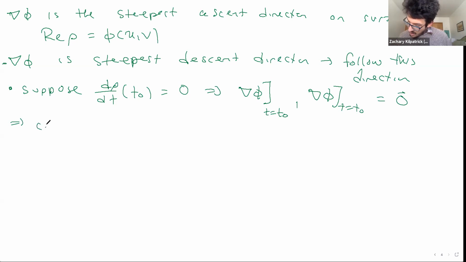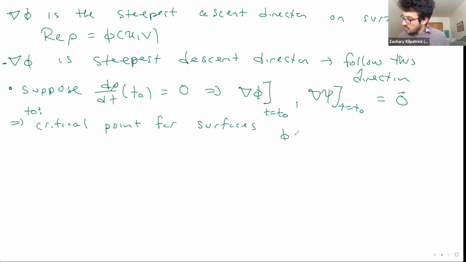So that means that t0 is going to be a critical point for the surfaces rho, phi equals phi uv, and psi equals psi uv.